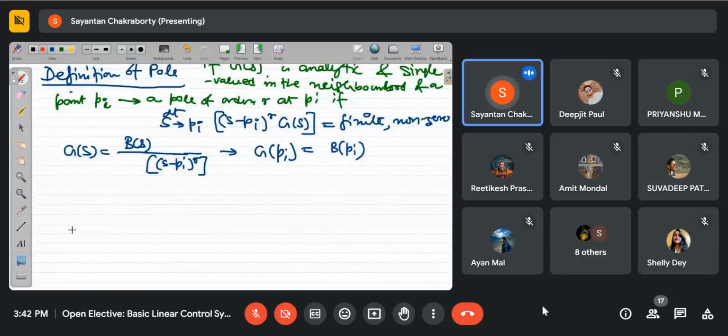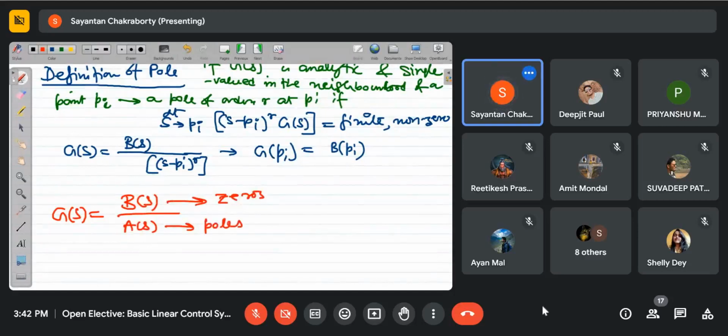Given a transfer function, we'll simply term the numerator roots as zeros and denominator roots as poles. But the basic concept came from this analysis technique of complex variables. This is basically complex variable analysis, right? Similarly, you can have an idea on zeros.